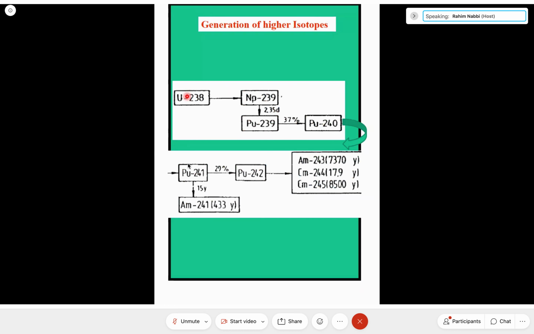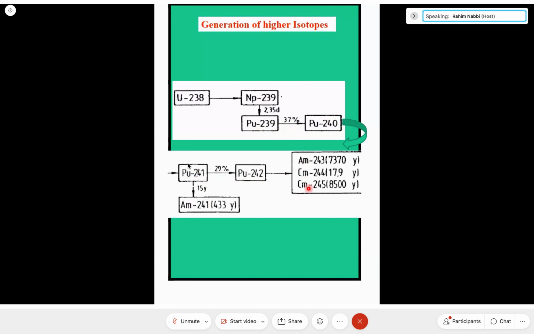On the scheme, on the table, you see here uranium-238 capturing a neutron, going to neptunium, decaying, going to plutonium as fissionable or fissile material, and from plutonium, capturing a neutron to plutonium-241. And then to americium here, 241, and plutonium-240 by absorption of a neutron, plutonium-242, and finally to americium, curium, and so on.